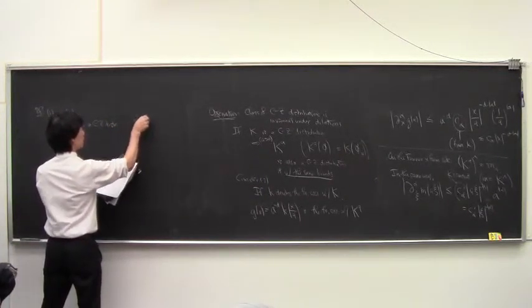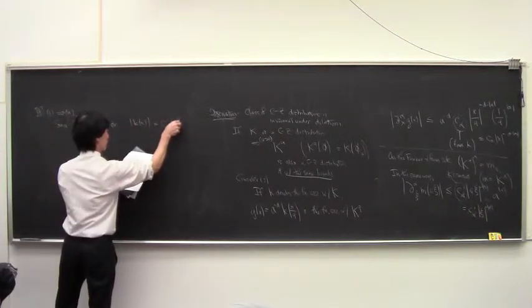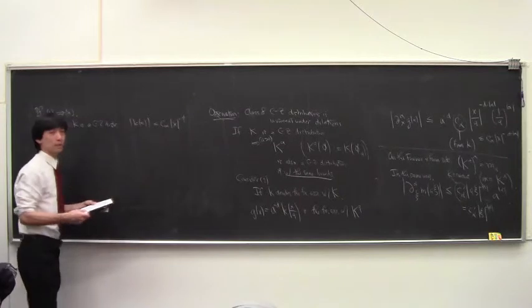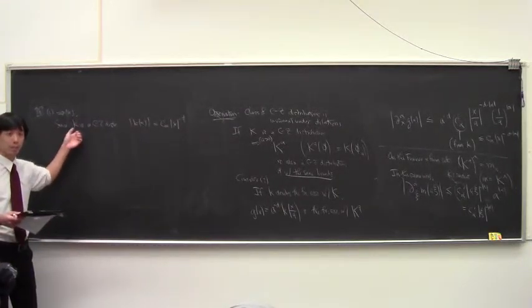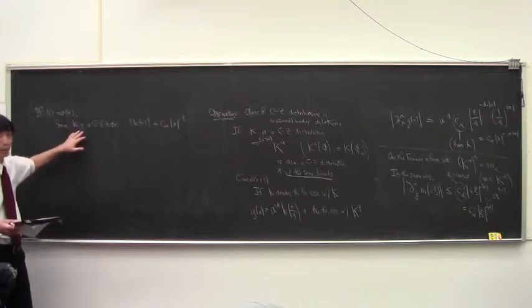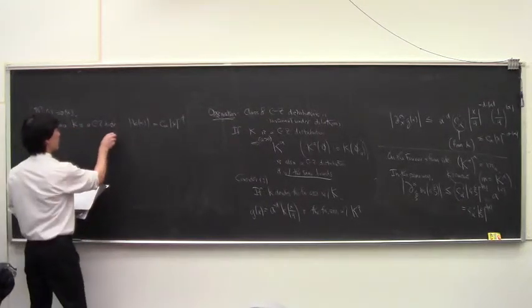We know that K itself satisfies this sort of decay, and that implies that it's tempered. So that it's a tempered distribution is easy.